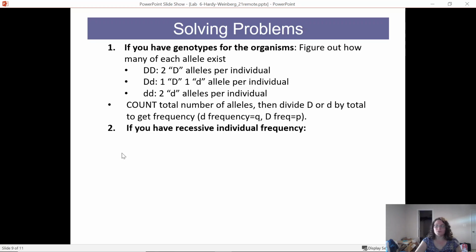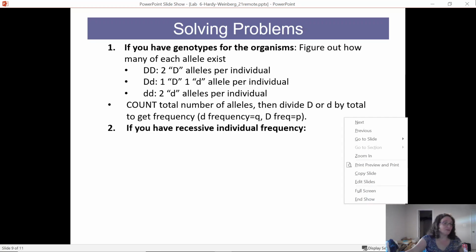To figure out based on recessives, if you have the recessive individual frequency, this particularly is for traits where you can't tell phenotypically the difference between an individual who is homozygous dominant and an individual who is a heterozygote.